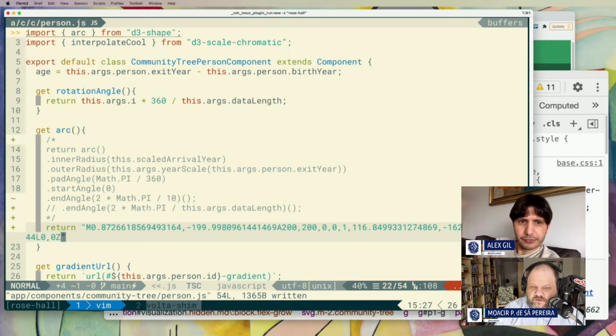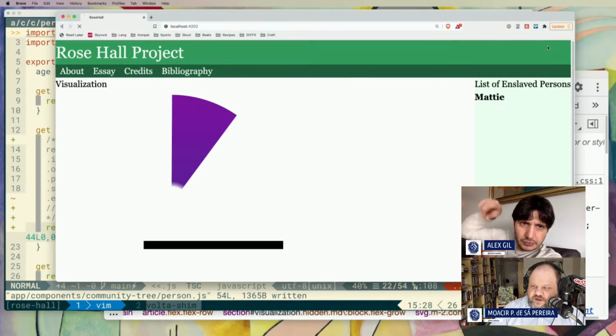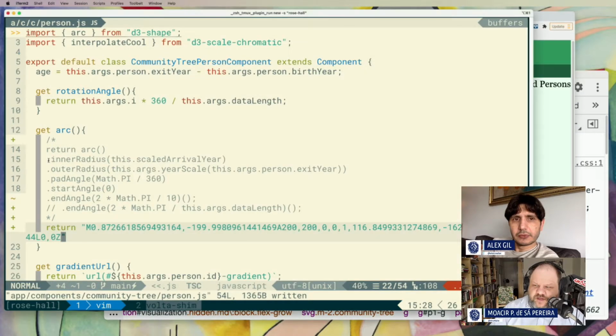There you go. What's wrong with my quotation marks? No, I thought the D had to be a part of it for a second. No. Okay, so now this returns this wedge. So now no matter how many times I reload, the colors will change, but the wedge will stay the same. I'm not entirely sure why the colors are changing this much, but I don't care.